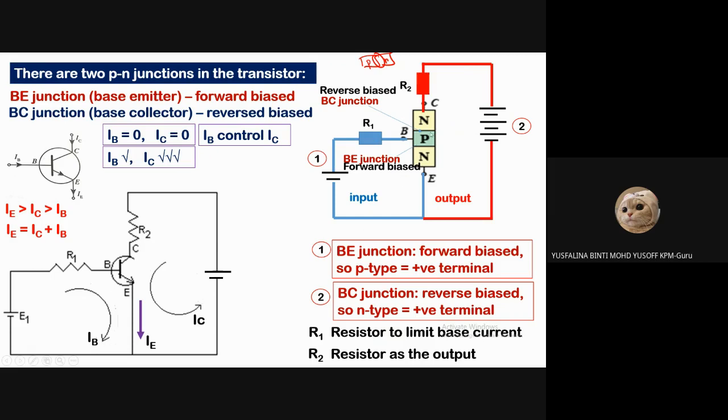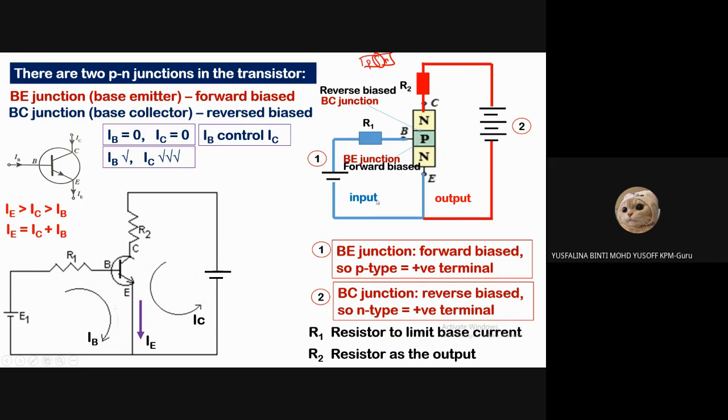This actually depends on the type of transistor. If it is PNP, then it's different. This one is NPN. So this is R2, as usual a resistor, as the output here. And R1 is the resistance to limit the base current, to control the amount of current that flows through the base.